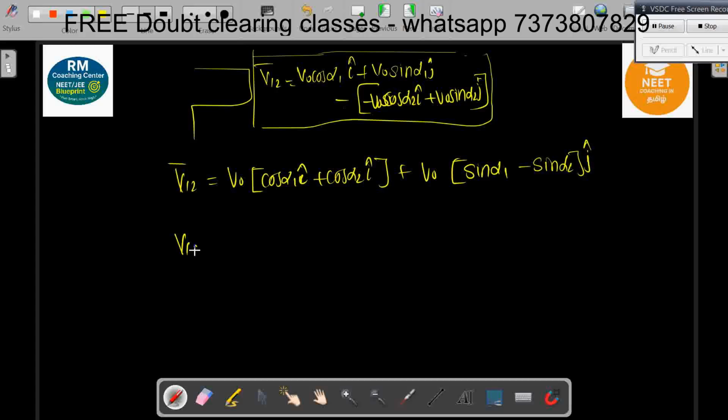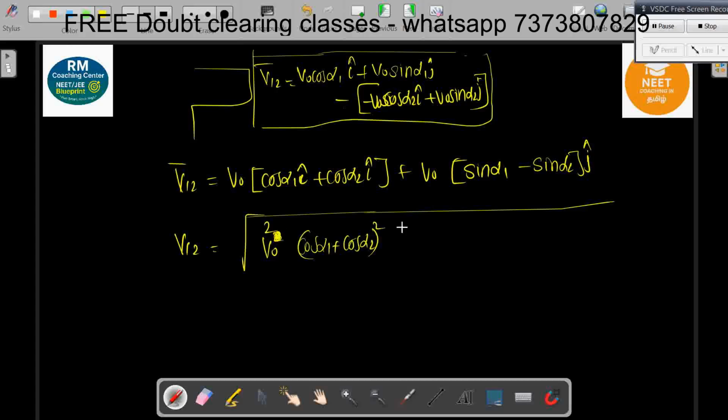So I need the magnitude: v12 is equal to the root of v naught squared, taking v naught as a common constant, cos alpha 1 plus cos alpha 2 the whole square plus v naught squared sin alpha 1 minus sin alpha 2 the whole square.